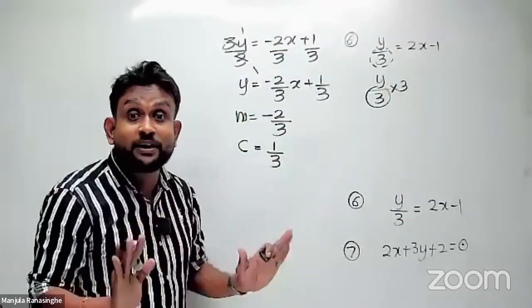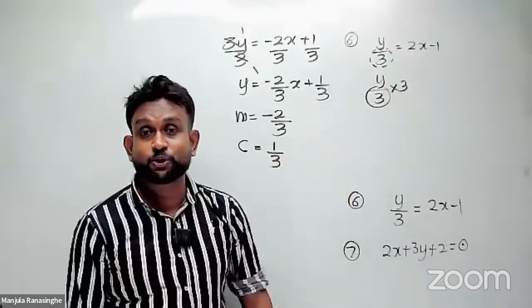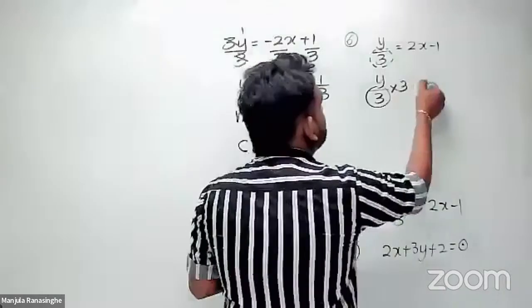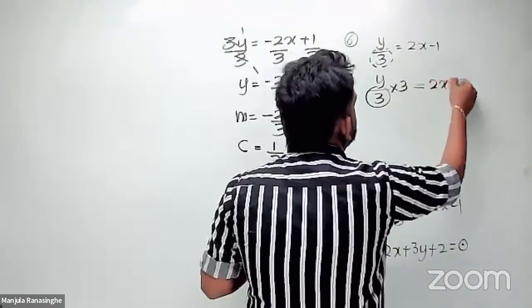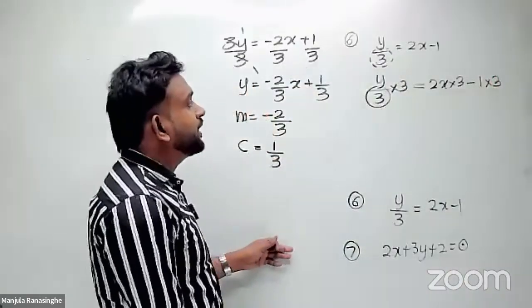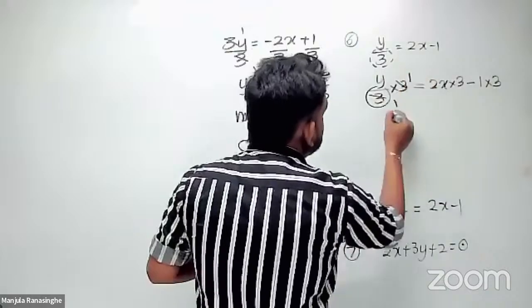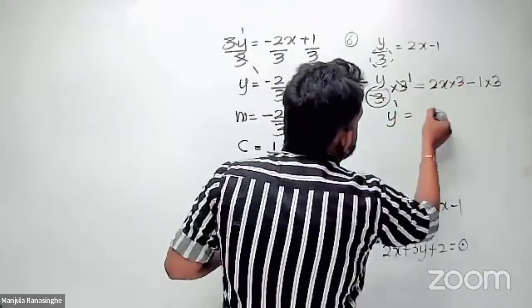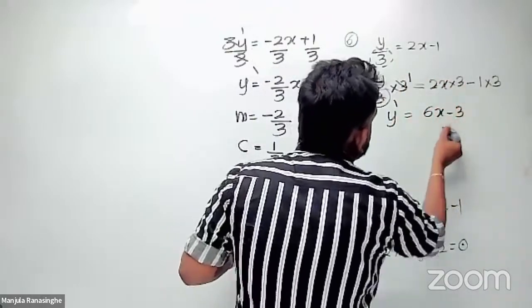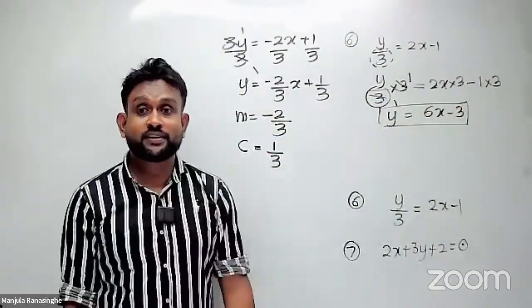But you cannot multiply only one term. All the terms on the right side must be multiplied. So 2x into 3 minus 1 into 3. You multiply all the terms by 3. Then the 3 is cancelled. Then y equals 2 into 3, 6x, minus 3 into 1, 3. Now it is y equals 6x minus 3.